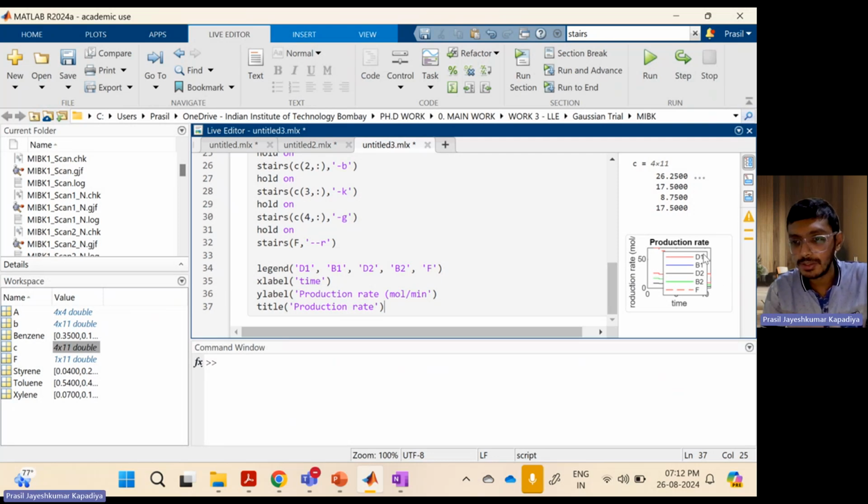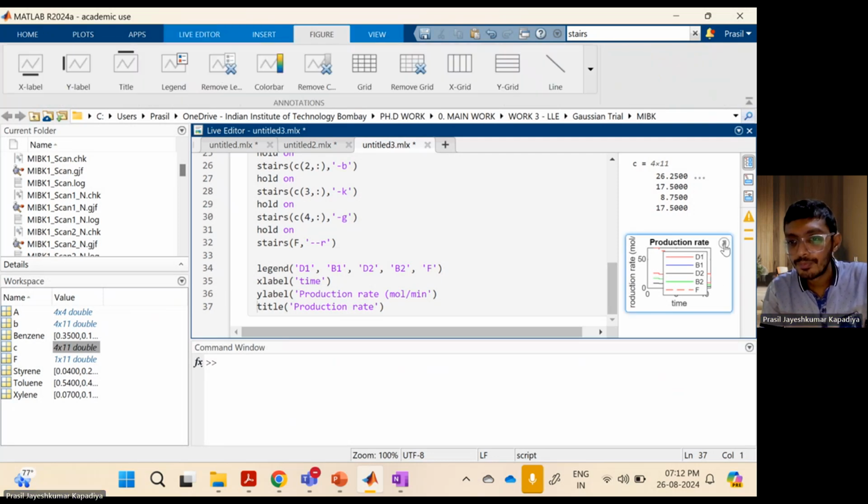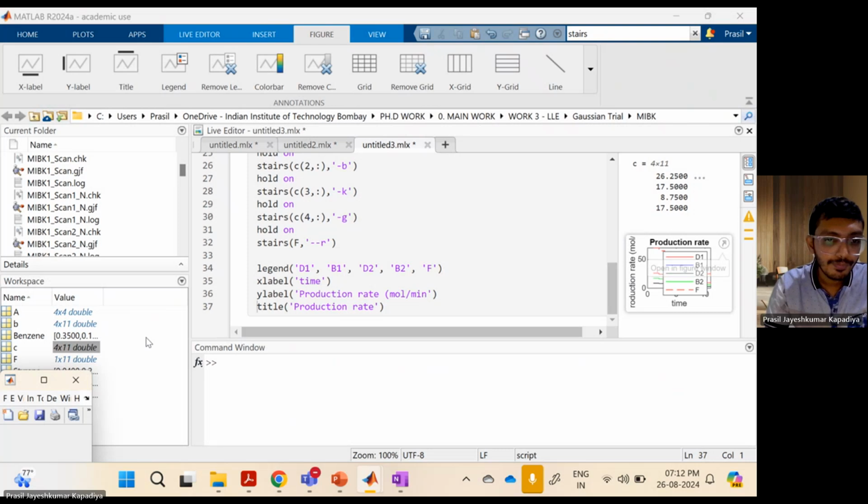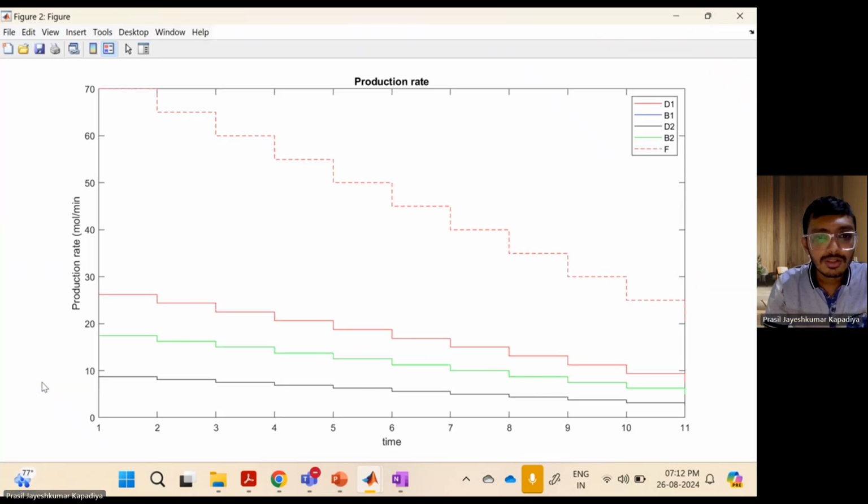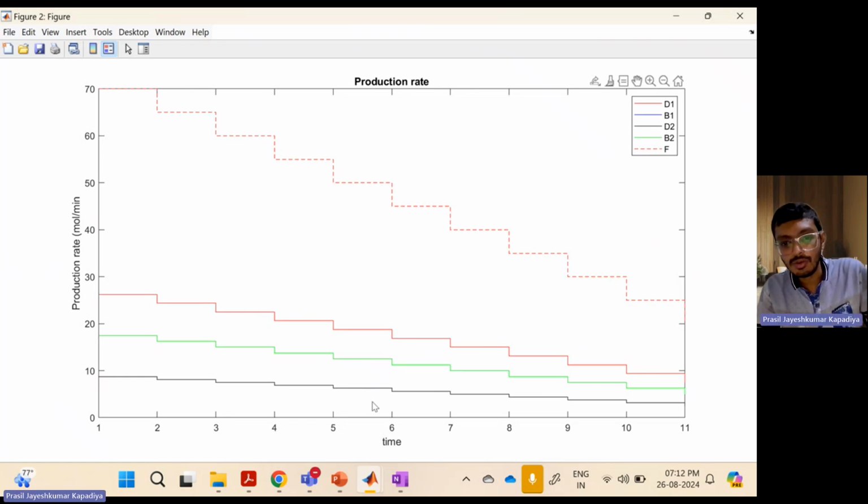So see here, I will open this plot in new window. So see, this one is looking better. So from here we can see this is D1, B1 and B2 are coinciding, so we can't see both together. B1, D2, B2, and this one is F. So this is how we can plot.